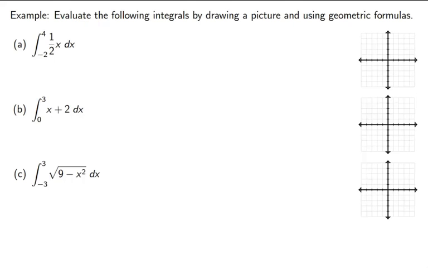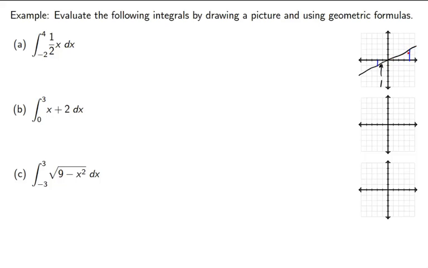So let's do some examples using some geometry. We've got the integral from negative 2 to 4 of 1/2 x. That's a function with slope 1/2 and y-intercept 0. And we're looking at negative 2 to 4. If we just calculate these areas geometrically, I get 1 for this area.